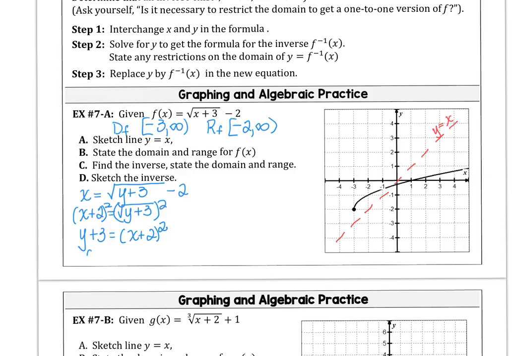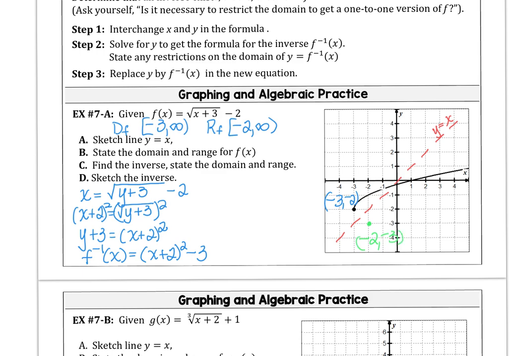Subtracting 3 from both sides and interchanging the y equals to the correct notation, f inverse of x equals (x plus 2) squared minus 3. We have half of a parabola shifted left 2 units and down 3 units. So instead of having the point (-3, -2), our inverse will have the point (-2, -3).